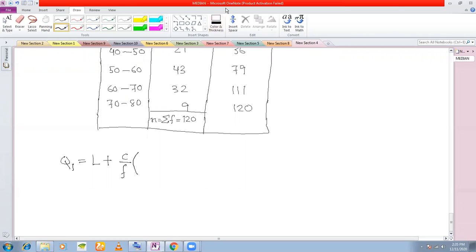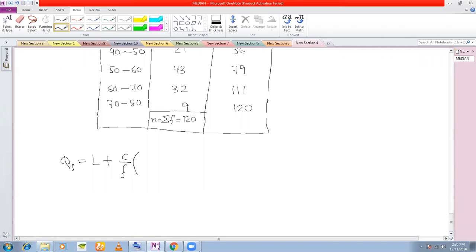Was it N by 2 in the formula or not? Tell me fast. Sir, 60. You're not hearing me. What was the median formula? L plus C by F, it was N by 2, right?